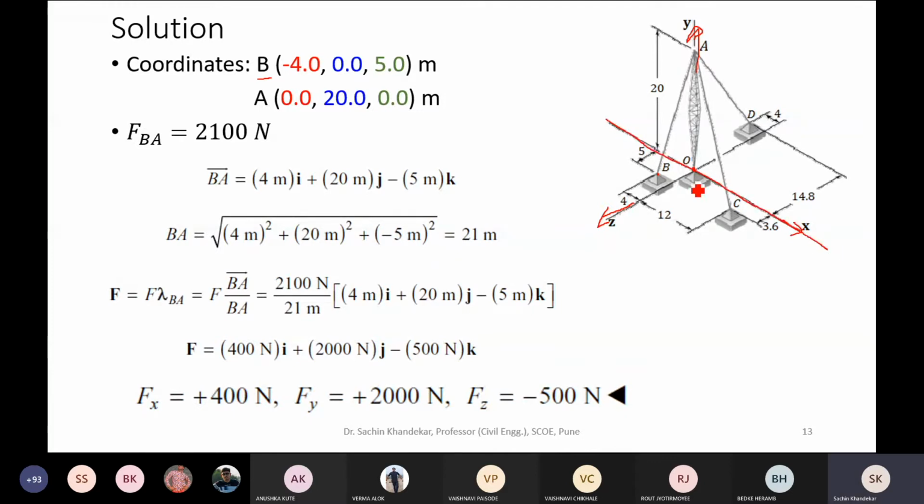To know the x coordinate of point B, you take the projection of point B onto x-axis. Let the projection of point B on x-axis be, say, Bx, and then you measure the distance between the origin and this point Bx along x-axis.